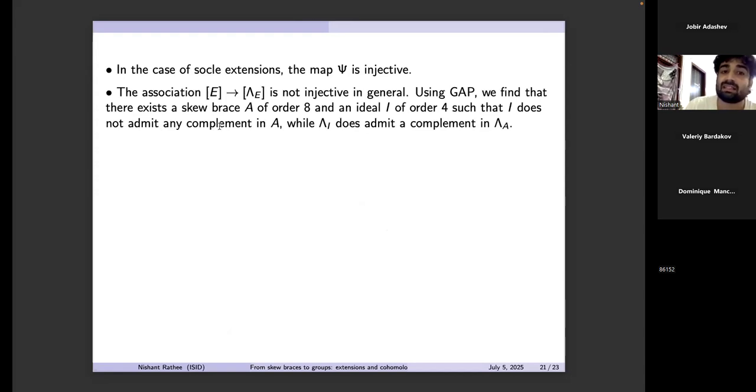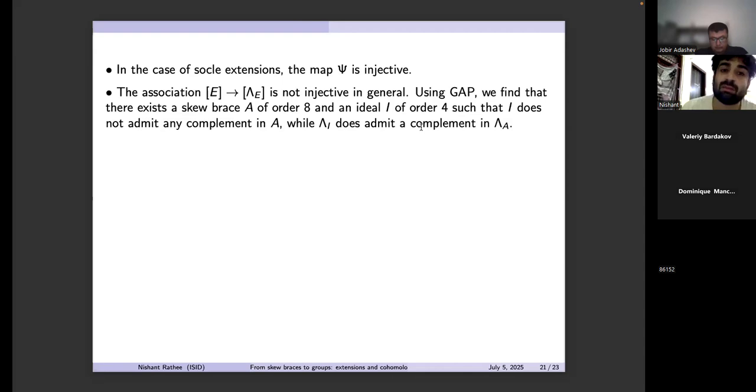In general, this association E going to lambda E is not injective. Using GAP, we find a skew brace A of order 8 in which there is an ideal I of order 4, such that I does not admit a complement in A, while lambda I does admit a complement in lambda A. There are actually many such skew braces, but I'm telling you the simplest one.